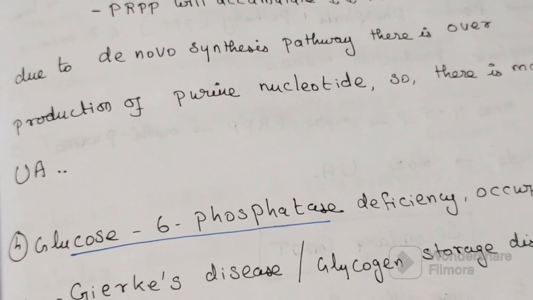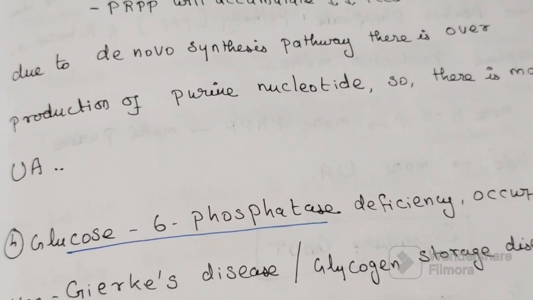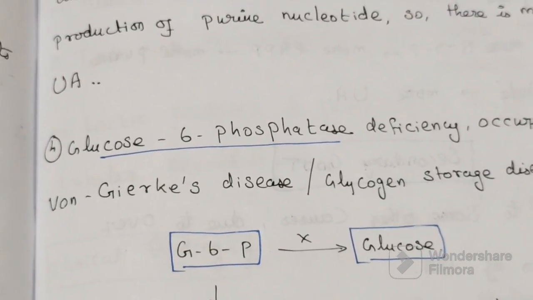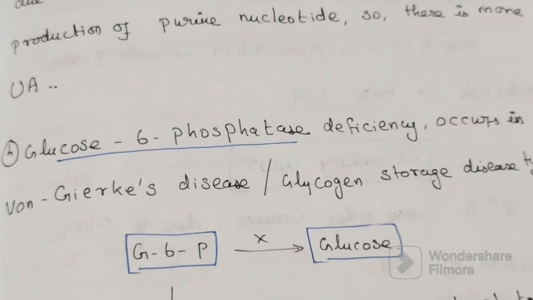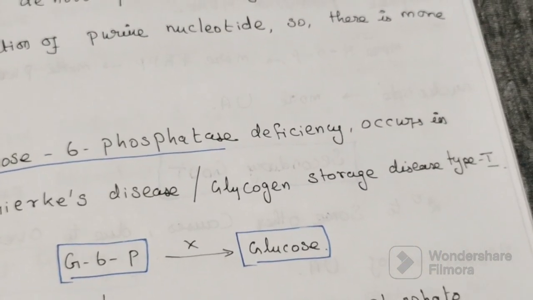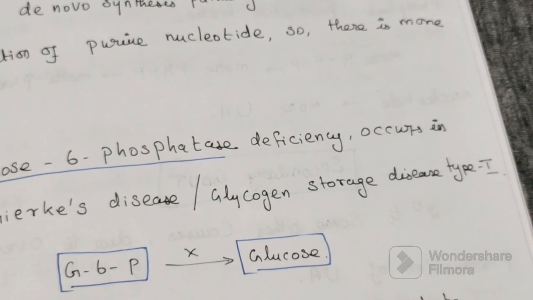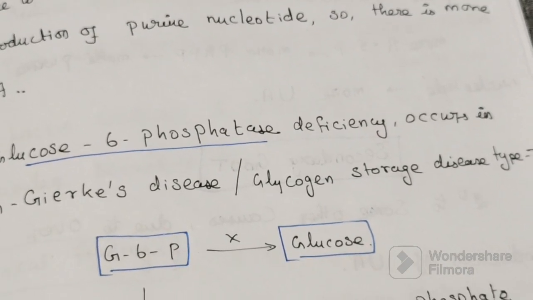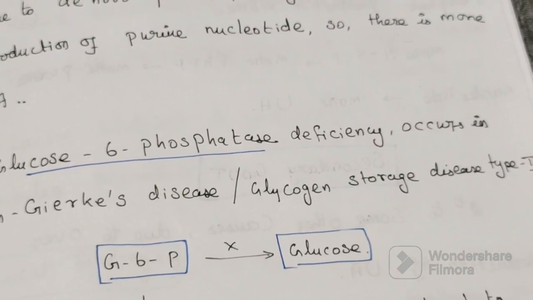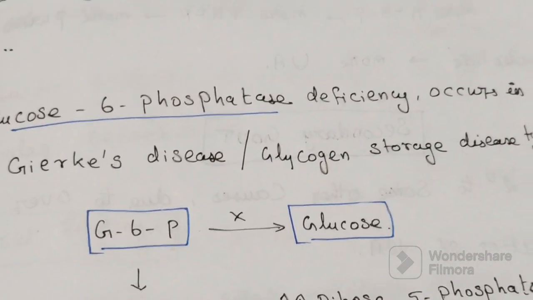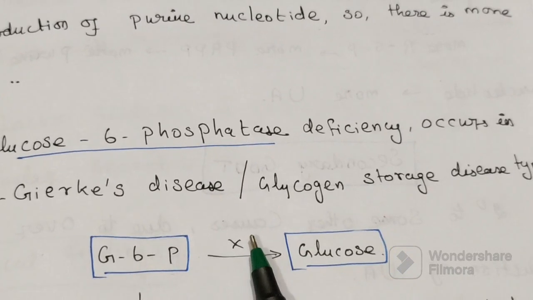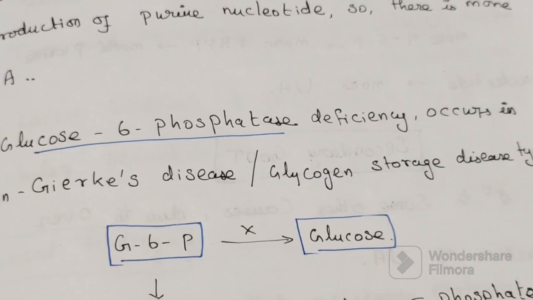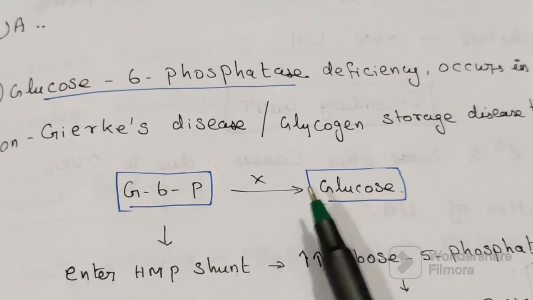Next reason, glucose 6 phosphatase deficiency. Glucose 6 phosphatase deficiency occurs in von Gierke disease, also known as glycogen storage disease type 1. Here, in the absence of glucose 6 phosphatase enzyme, glucose 6 phosphate is not converted into glucose.